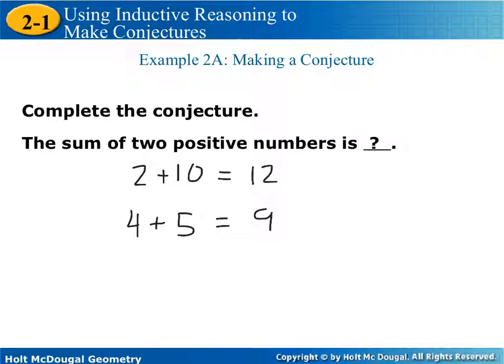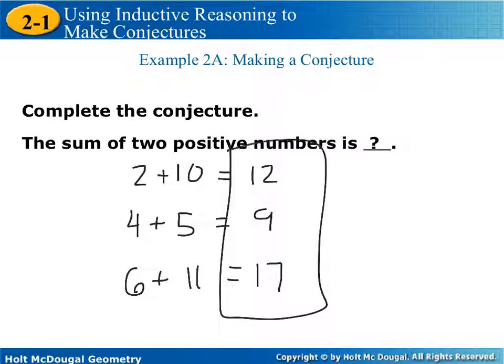What's another positive number? 6. And another one? 11. What's 6 plus 11? 17. So all of these sums are positive. So the sum of two positive numbers is positive.